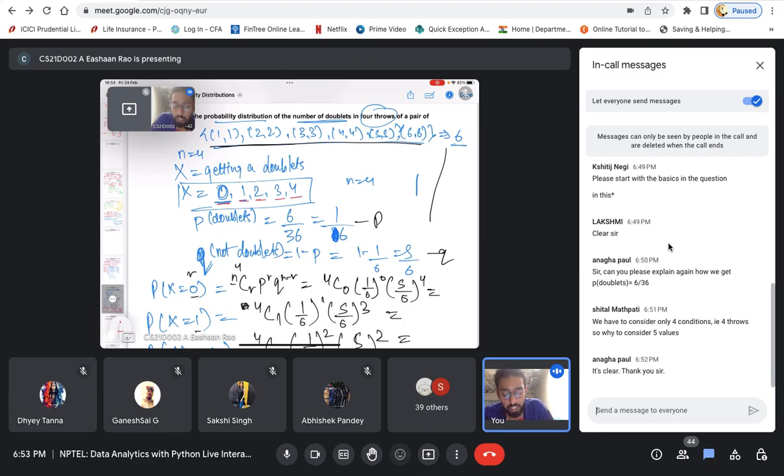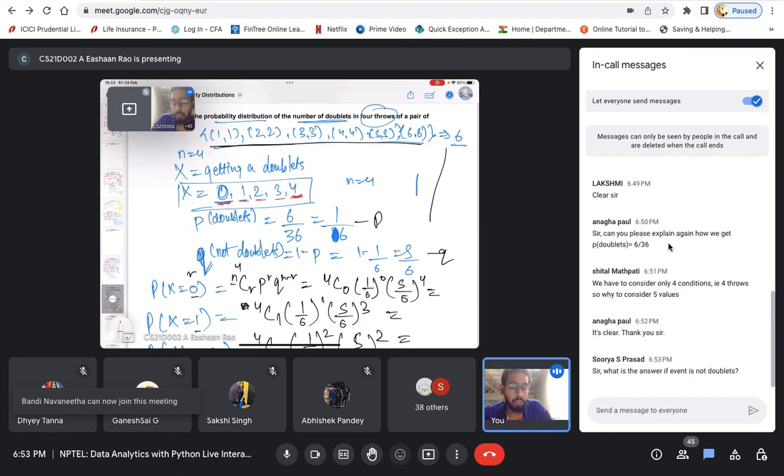I'll throw a pair of dice 4 times, but I may not get any doublet, that is 0. Or going up to 4, that means in all 4 throws, each time I throw a pair of dice, I get a doublet. So considering all the scenarios, from no doublet to doublets in all the throws, that's why we have 5 scenarios.